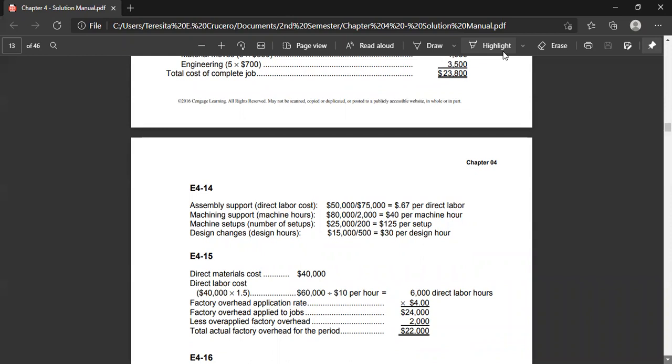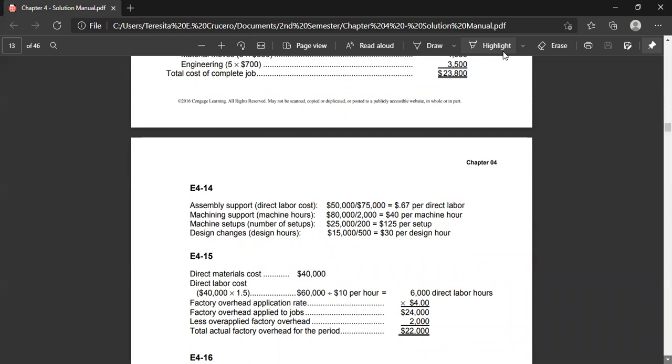And we have the allocation bases: number of setups, machine hours, design hours, and direct labor cost. Now, the question is to match each of the following cost pools with the most appropriate cost allocation base.